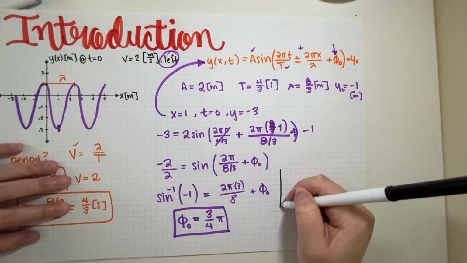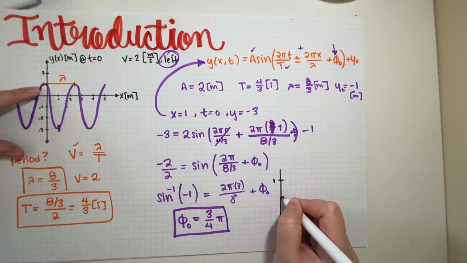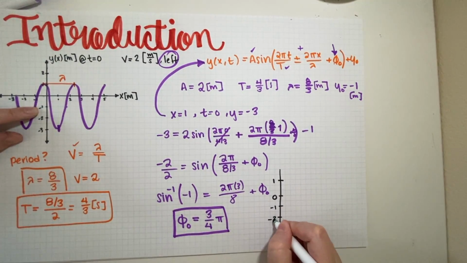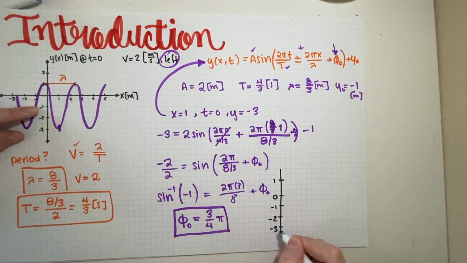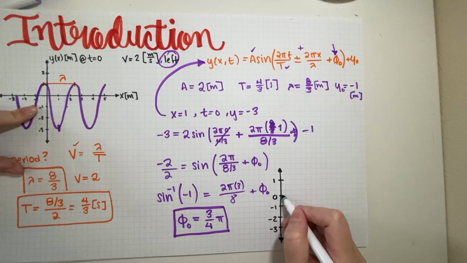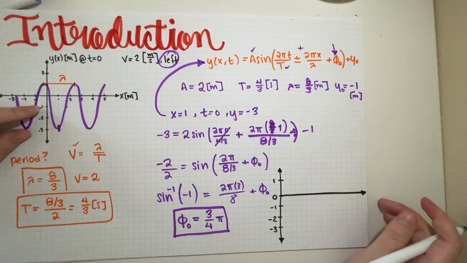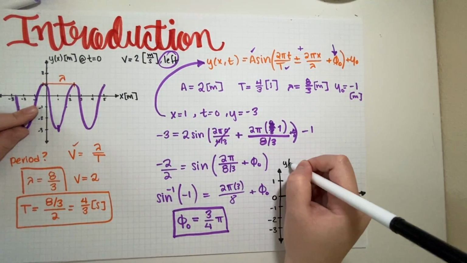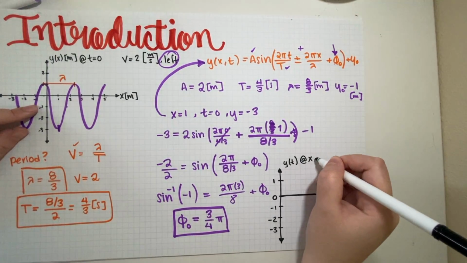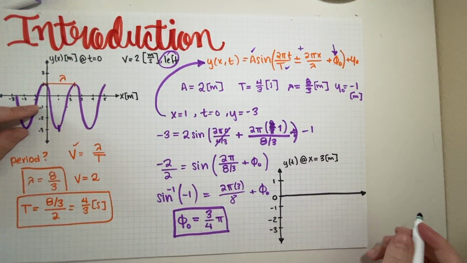So we're gonna do this, and then say this is 1, 0, minus 1, minus 2, minus 3. This is gonna be time, and what they want is y of t at x is equal to 3 meters, like this.